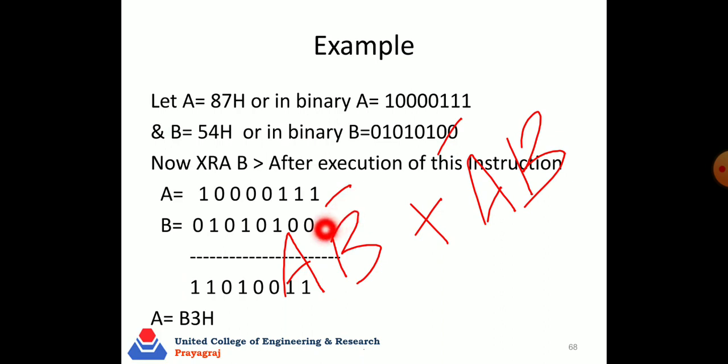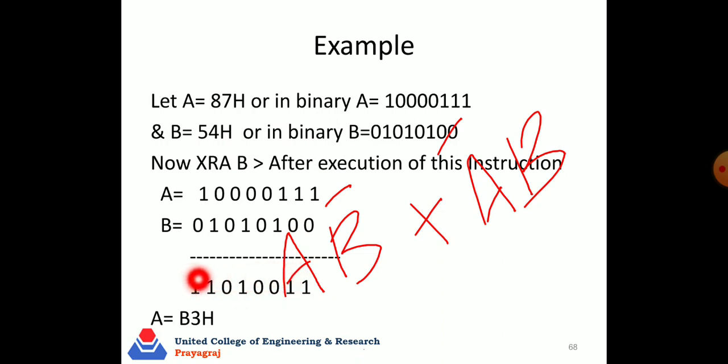For XRA B, if both the inputs are same, then the output will be low. So here 0 0 0, 0 0 0, and the remaining are 1. So here the first case is 1 1 0 0 1 0 1 1.